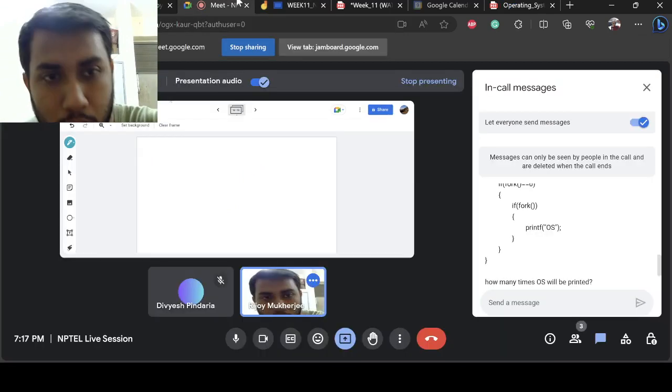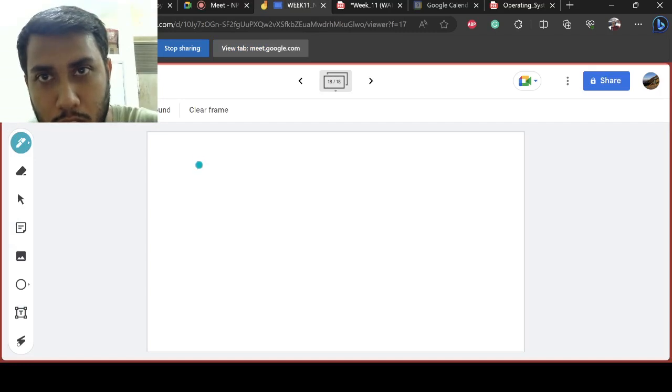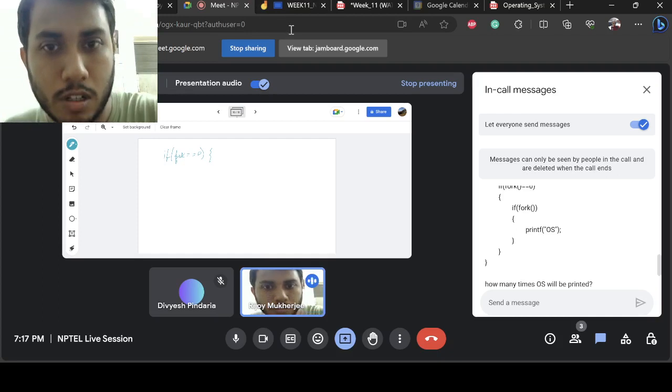So you have if fork equals to 0. Just let me correct it, okay?